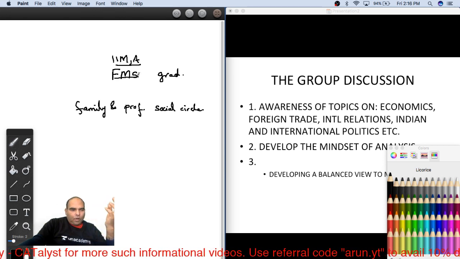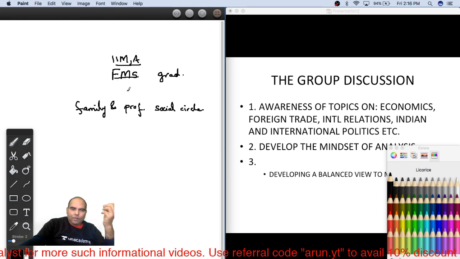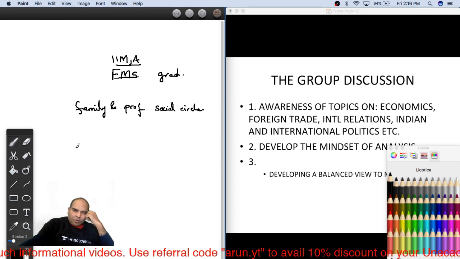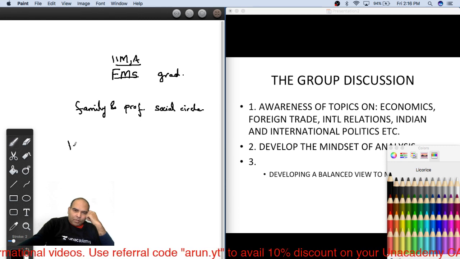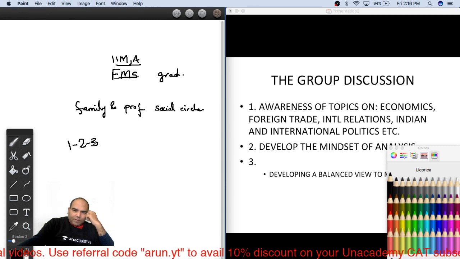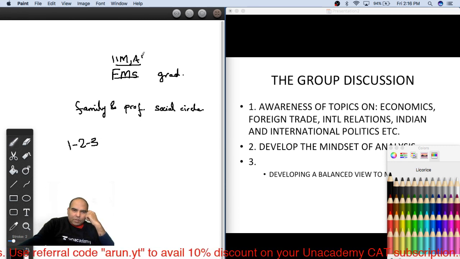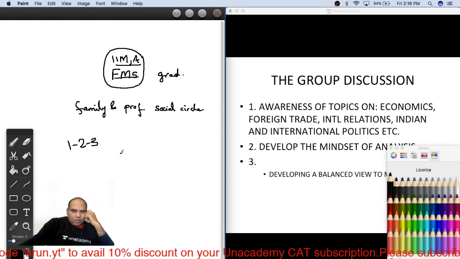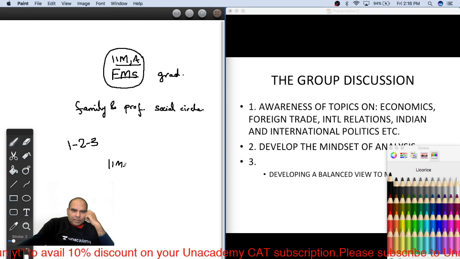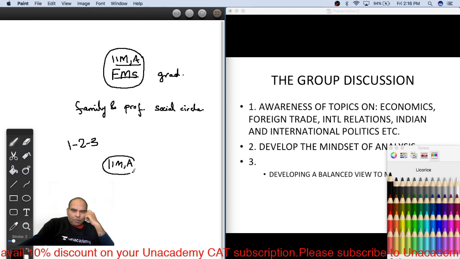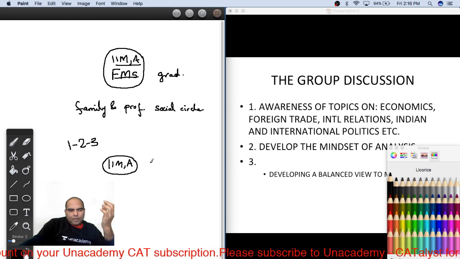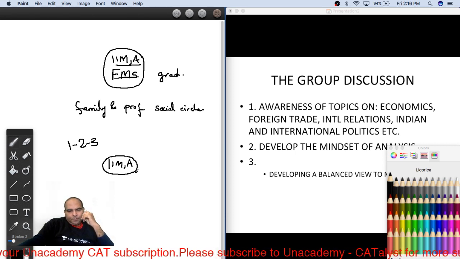Typically, an individual in Indian society might come across a maximum of 1, 2, 3 IIM or FMS graduates in his life. So what an IIM Ahmedabad or an FMS is, you will be forming your opinion based on that person.